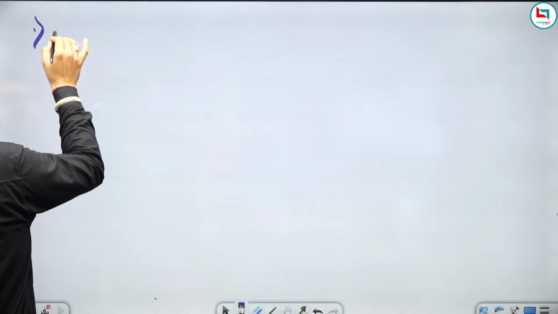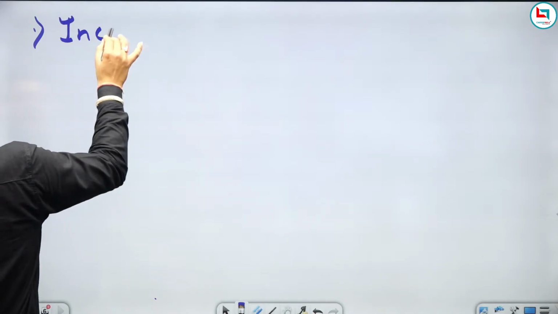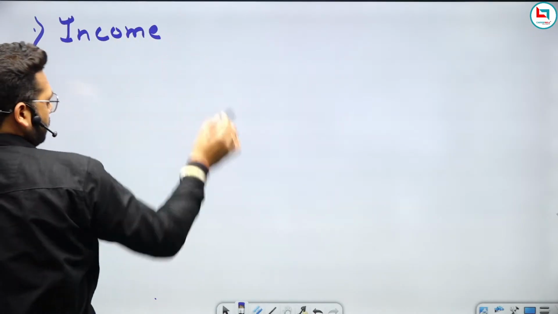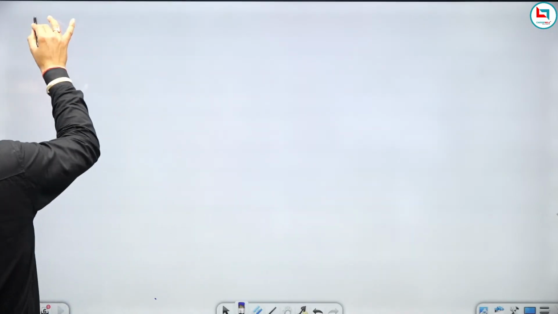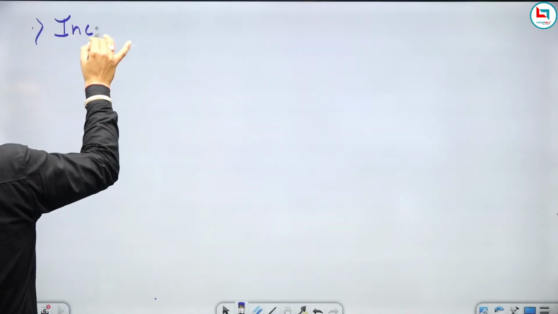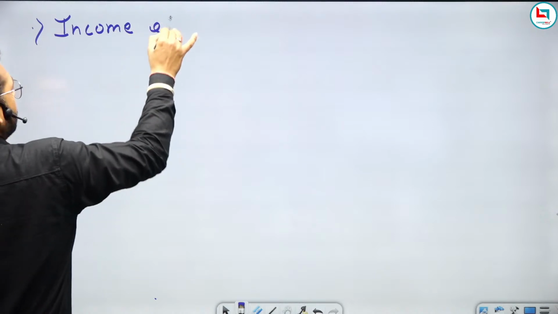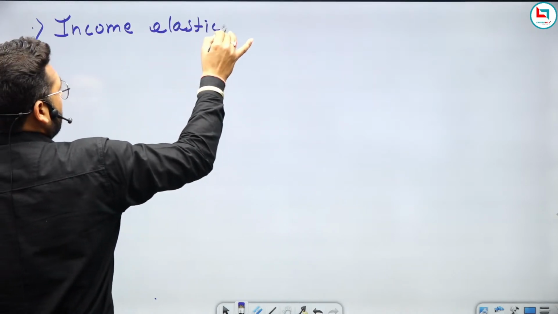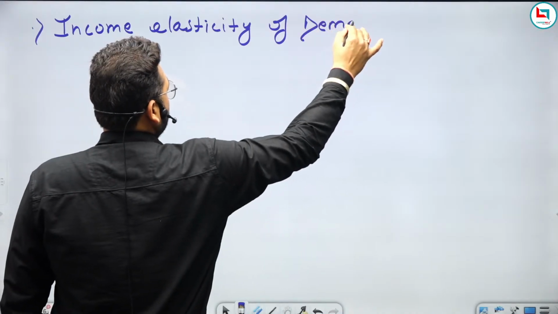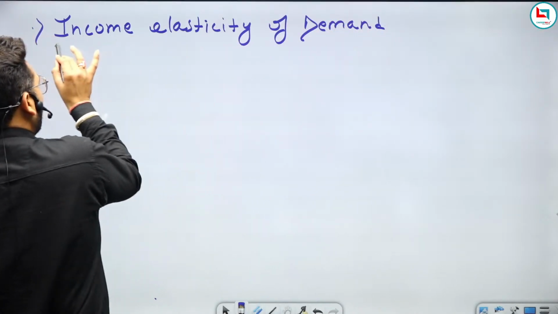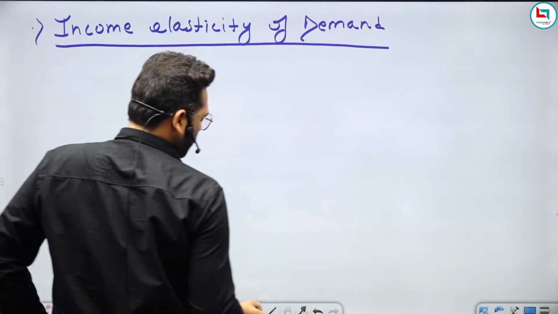Now we are going to discuss income elasticity of demand. Here two words are very important.